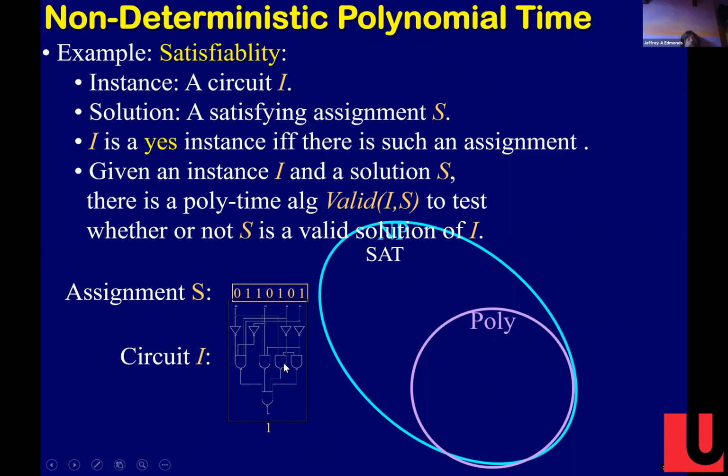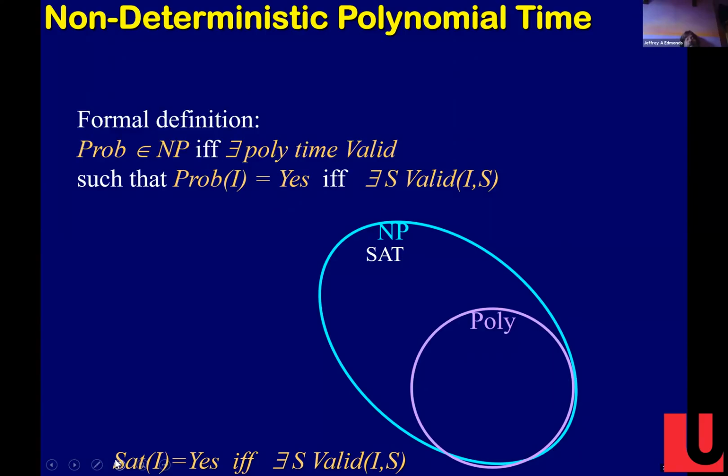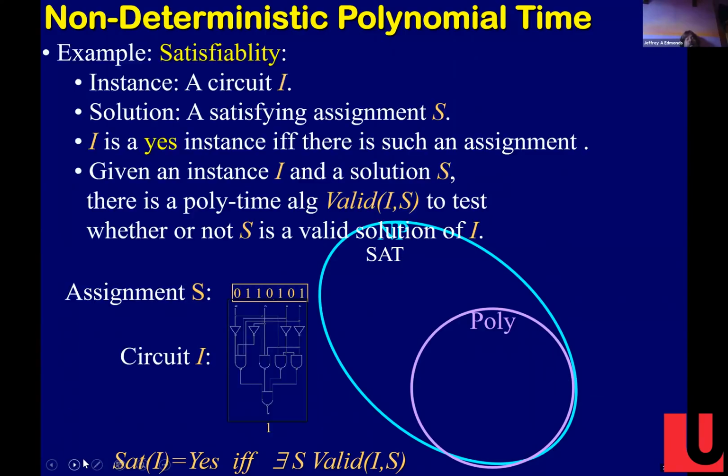You just plug it in, and so the question we're asking is, given an input, does there exist a solution that satisfies it? See here at the bottom, we have this tester valid, and our problem, SAT problem, is given an input I, does there exist a solution which is a good solution for input I?